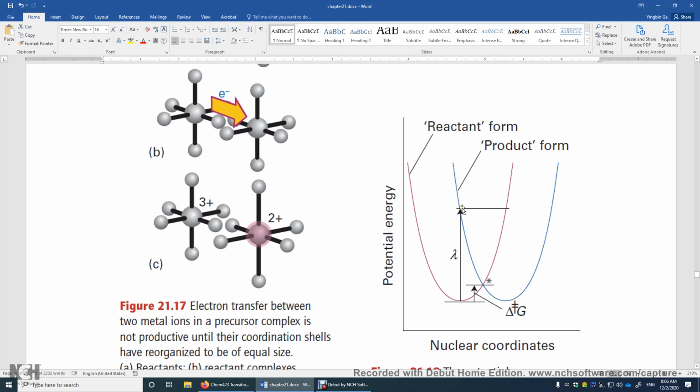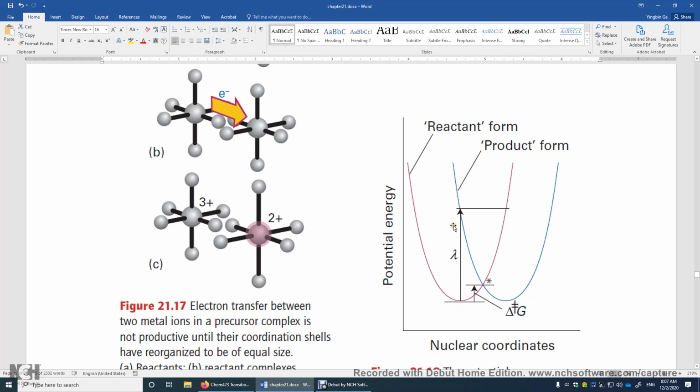And it happens to be on the blue curve, the potential energy surface of the product. So you just imagine we excite this to here, and then it goes from here to here, and then you form the product. This is not the real process of how the electron transfer occurs. I'm just showing you the meaning of lambda.